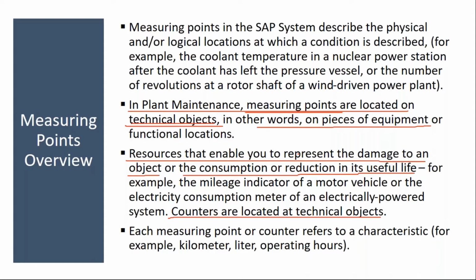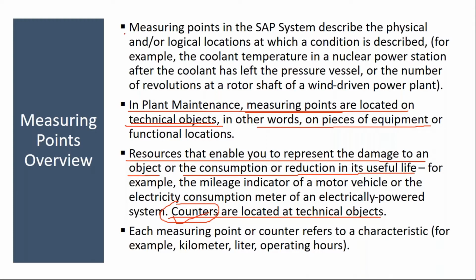Suppose today your car has run for 10 kilometers, so the odometer will be showing 10 kilometers. Tomorrow if your car runs for another 10 kilometers, the odometer will be showing 20 kilometers. So it gets accumulated and increased. So those are called counters, like odometer or fuel consumption of the equipment.